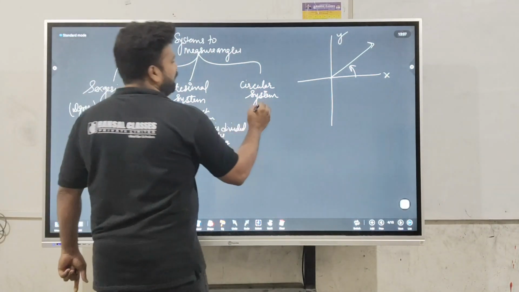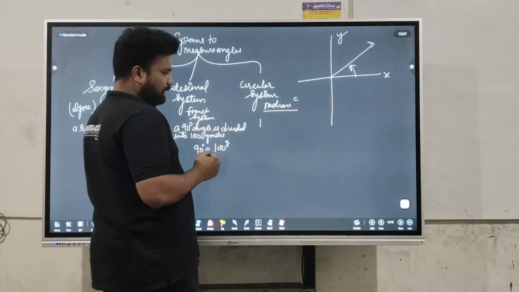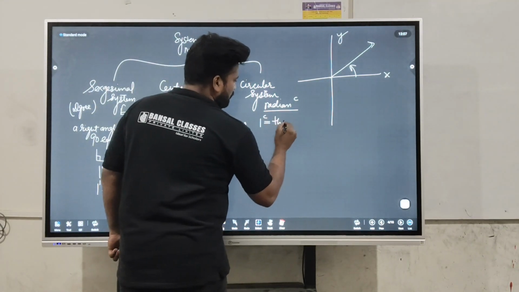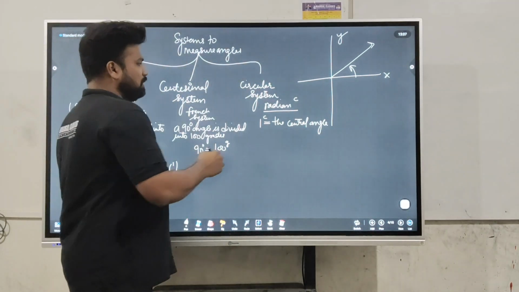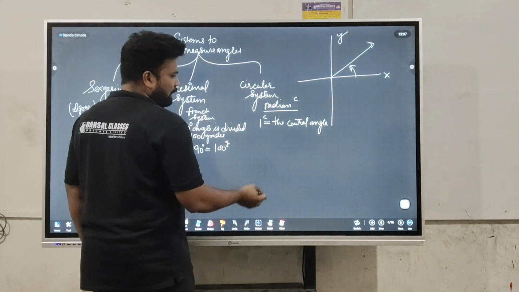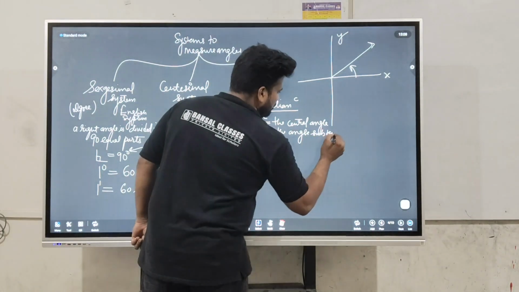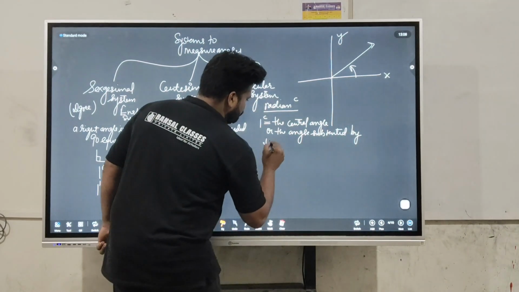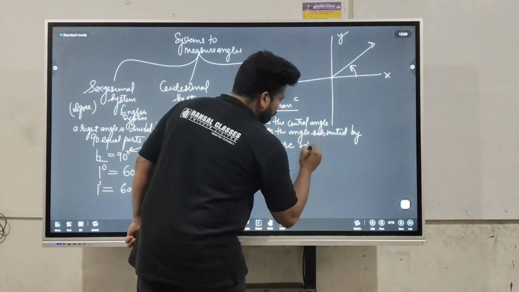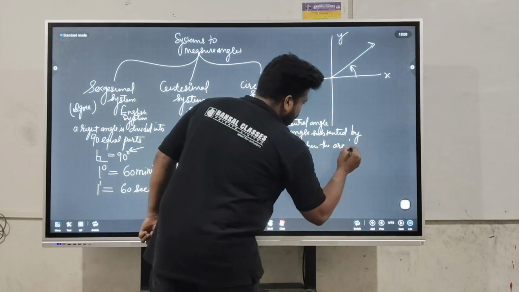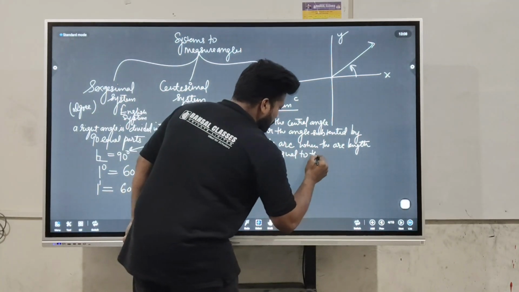Circular measure is in radians. 1 radian is notated as c. 1 radian is equal to the central angle subtended by an arc when the arc length is equal to the radius of the circle.